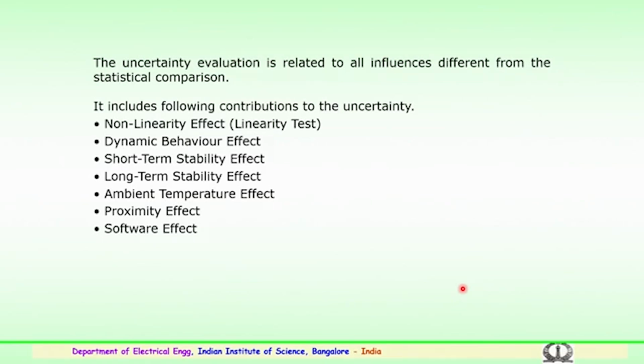These could include contributions to the uncertainty from the non-linear effect, that is the linearity effect determined by the linearity test, the dynamic behavior effect, the short term stability effect, the long term stability effect, the ambient temperature effect on the measurements, the proximity effect of the equipment being used, and the software being used for the measuring. Several of these things contribute to the uncertainty in the measurements.